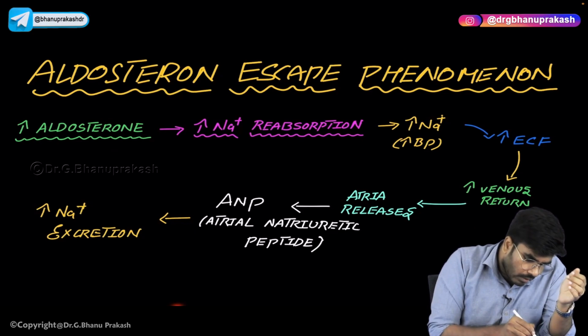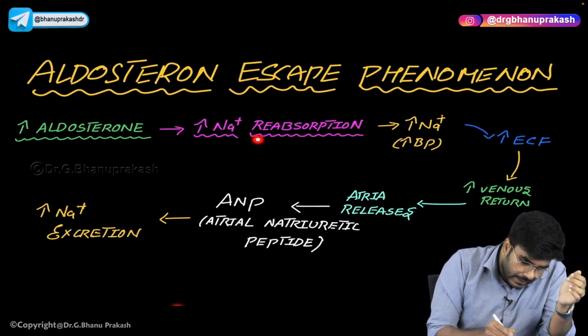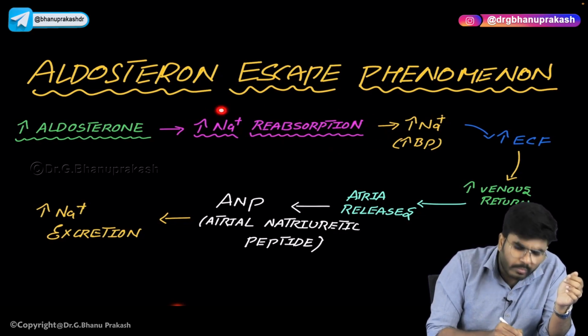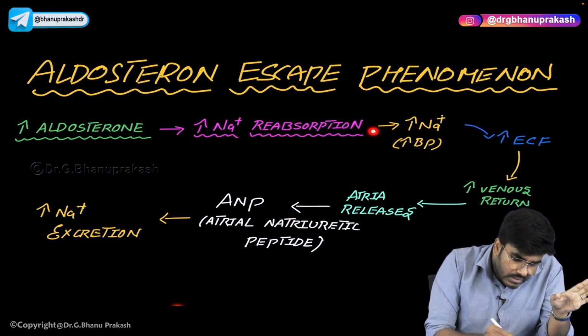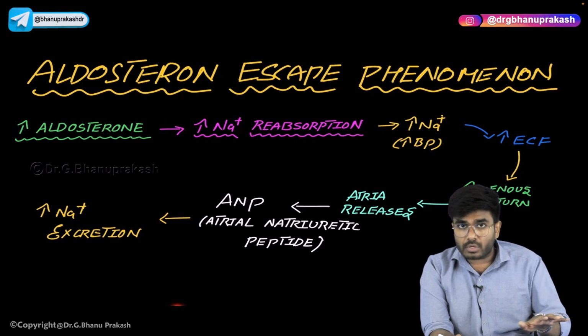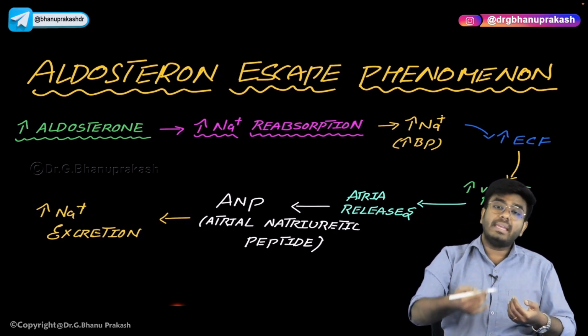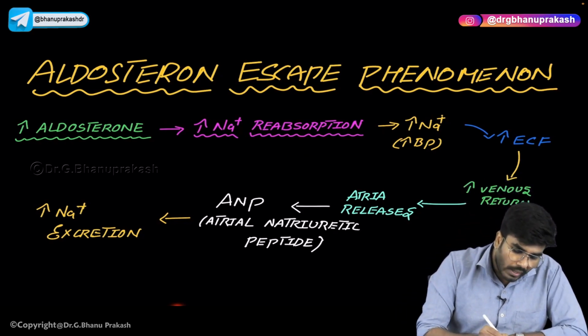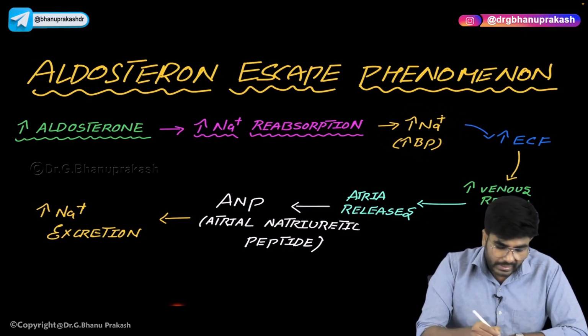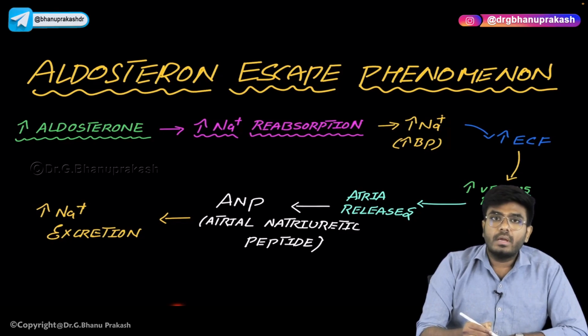This aldosterone acts on the principal cells and increases the sodium reabsorption. When lots and lots of sodium is reabsorbed and put back into the body circulation, what happens to the sodium levels? There will be hypernatremia and that increases the BP.